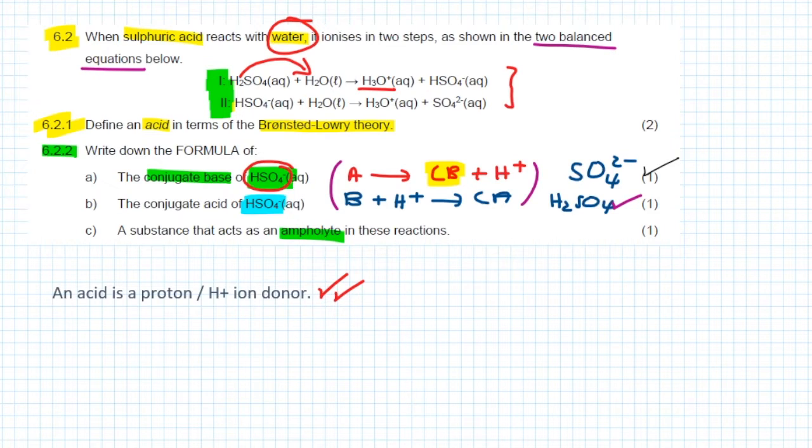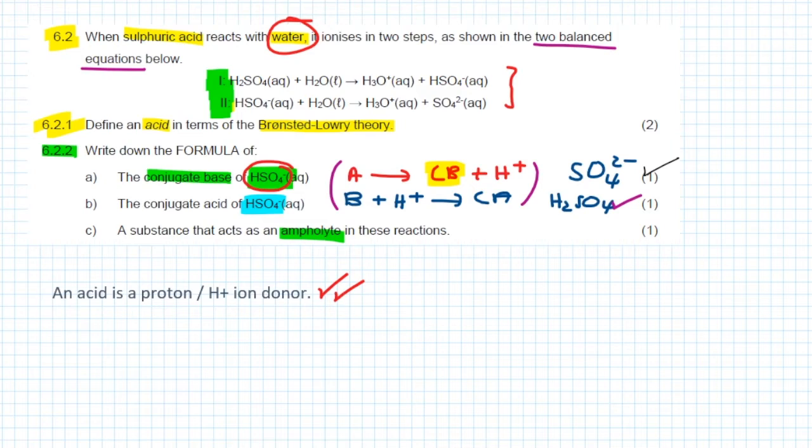If you look at reaction number 2, water again accepts a proton to form the hydronium ion. So in both cases here, water is behaving as a proton acceptor. In other words, water is behaving as a base. So therefore water is not the answer here. Water is not acting as the ampholyte in these 2 reactions.